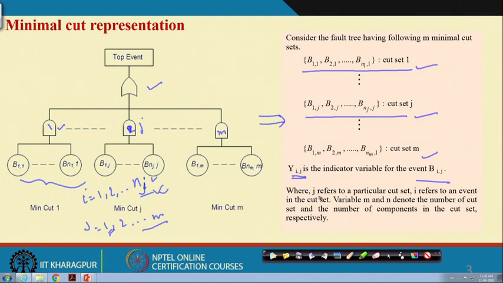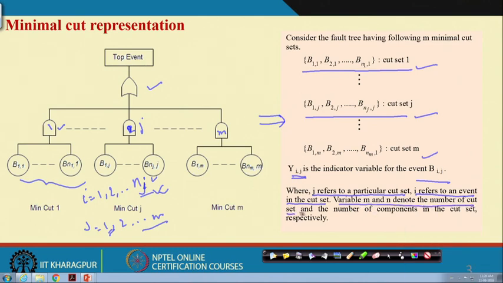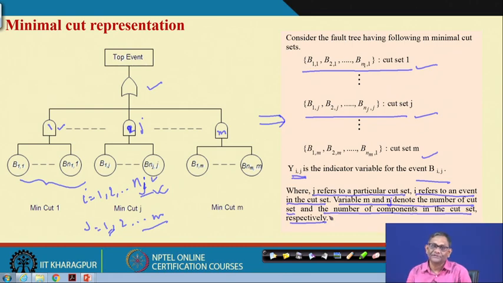That is what is written here: j refers to a particular cut set, i refers to an event in the cut set, and the variables M and N denote the number of cut sets and number of components in the cut set respectively. So, M is the number of cut sets, and nj is the number of basic events, or components, in the jth cut set.